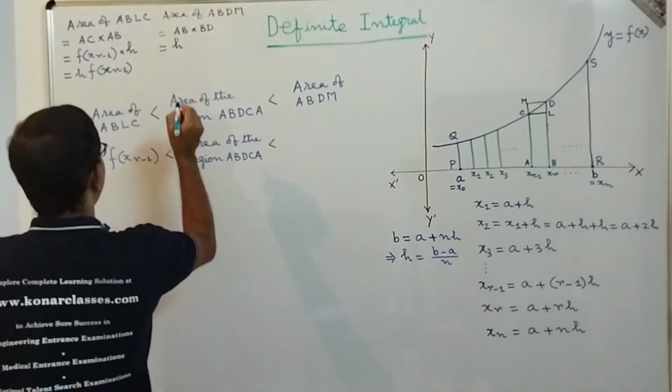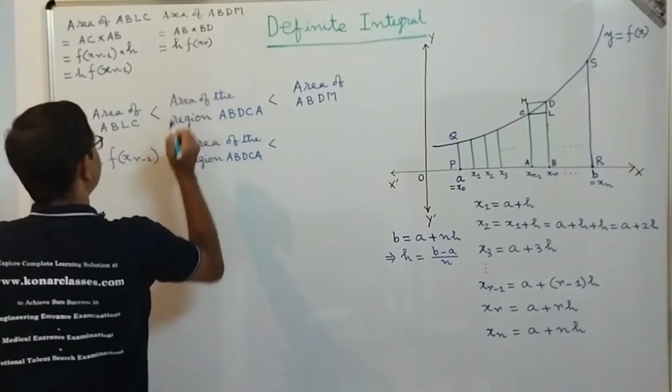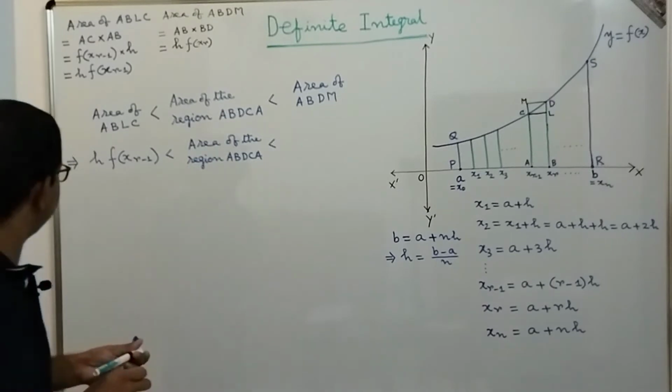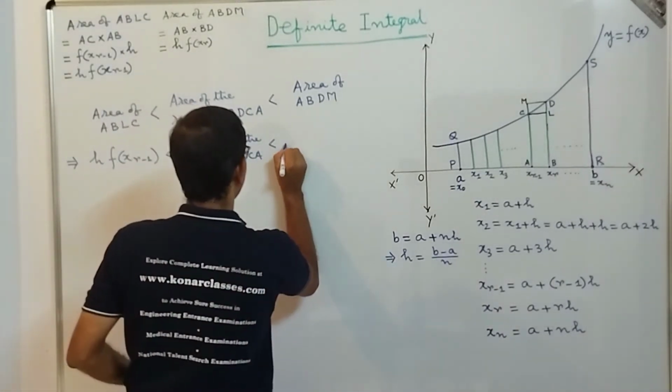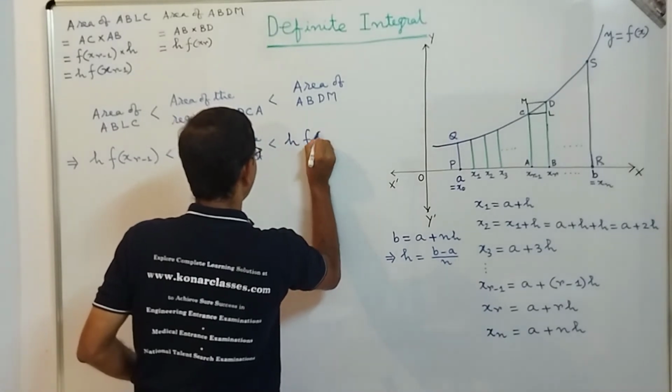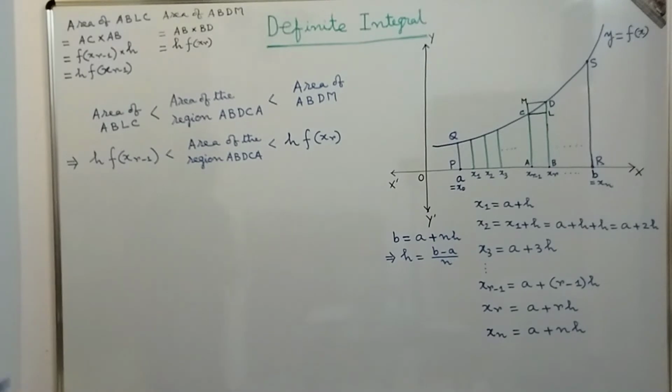So we can write h into f(x_r). So correct, dear students. So what we can write here, that area of the rectangle ABDM is h into f(x_r). That is a very interesting point.